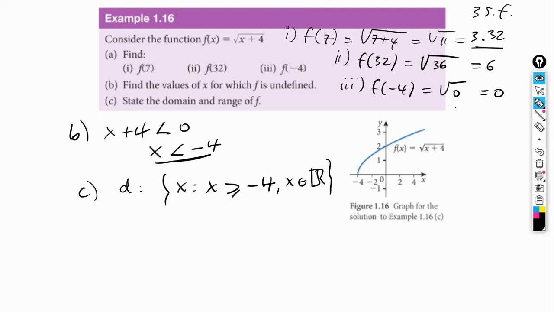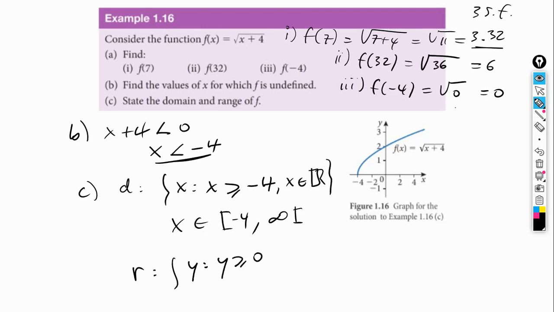And then, we can also say x belongs to an interval notation. We would say including negative 4 to infinity. And the range, which is in terms of y, would be that y is always going to be greater than or equal to 0.